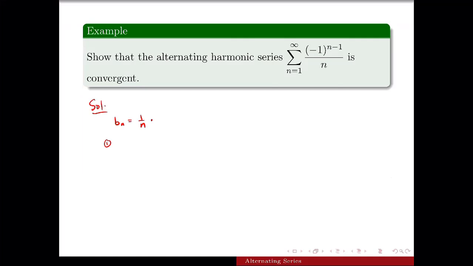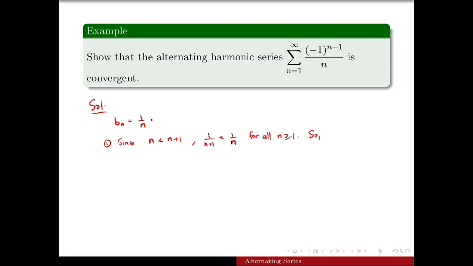So observe, since n is less than n plus 1, you will have 1 over n plus 1 less than 1 over n for all n greater than or equal to 1.